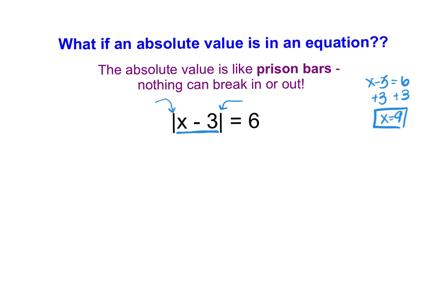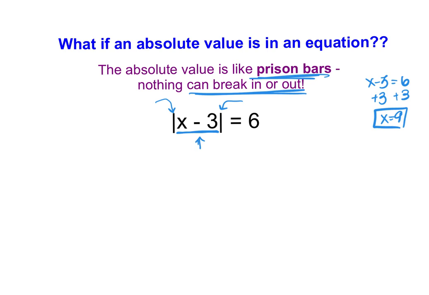The thing about absolute value bars is that they act kind of like prison bars here. Nothing can break in or out. What that means is you can't distribute into an absolute value function, and you can't take anything out of them. Right here where we would want to add the 3 to each side, we can't do that.